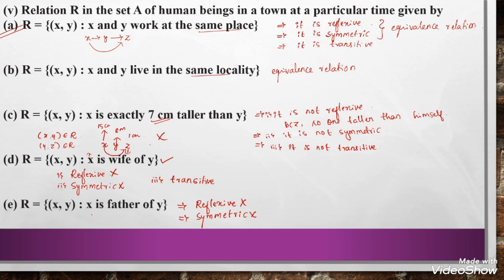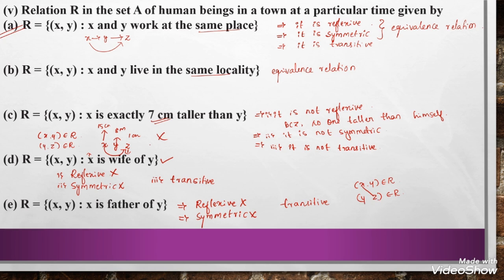Next, the third condition, that is transitivity. Here, x is father of y. Yes, it is satisfied. Again, y is father of z. Yes, it is also possible. But while considering x and z, x is the grandfather of z.